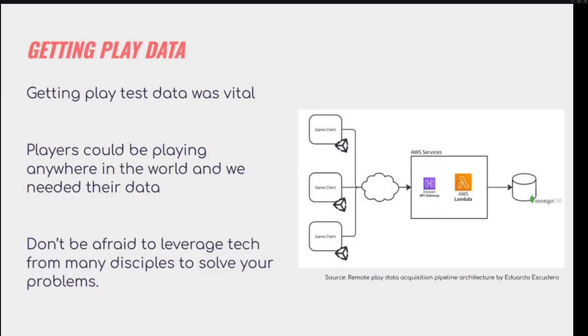And finally, for getting out play data, this required building a set of external tools, not just one, but they connected to our game client, specifically the release build, right? And we built a bunch of stuff in Amazon so that as games were being played, the game sent a JSON file saying, this is what happened in this play session.